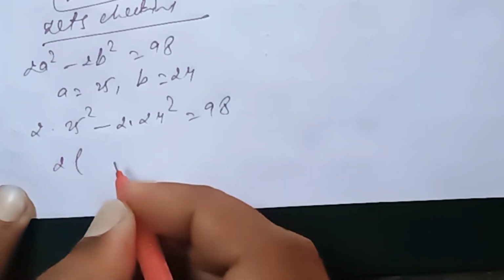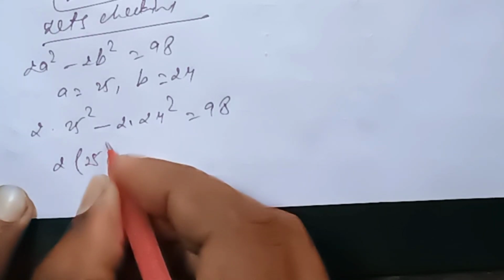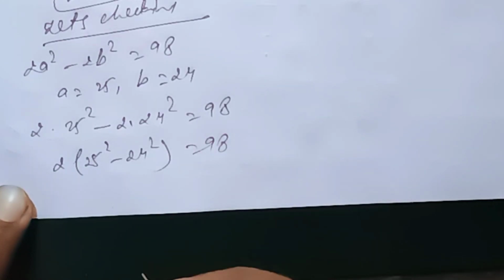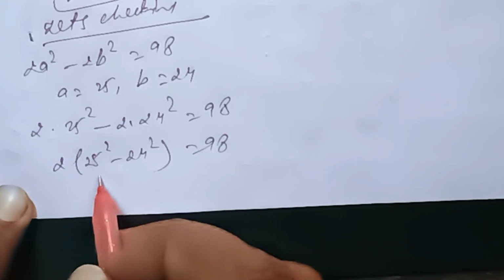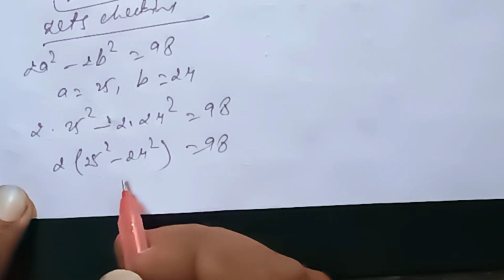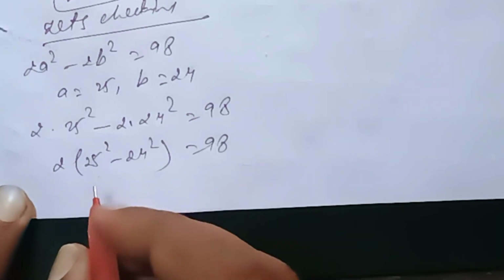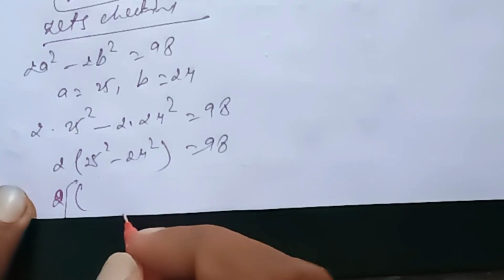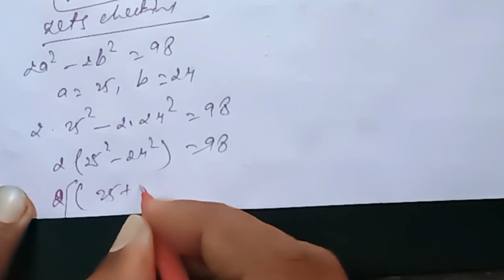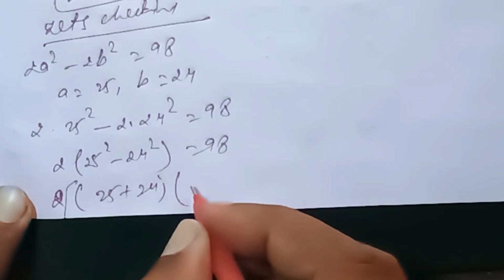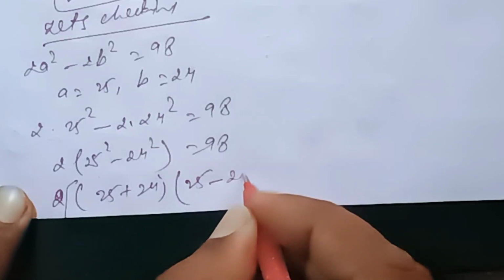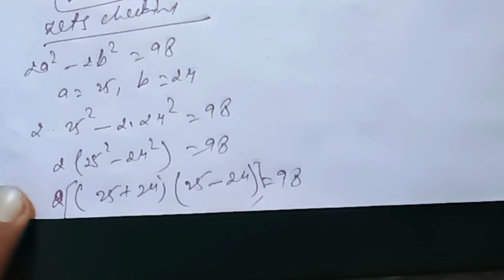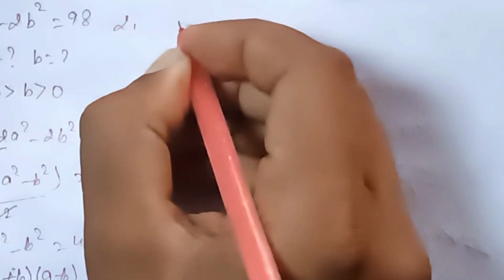Take common 2: 2 times bracket 25 square minus 24 square bracket close is equal to 98. Here use the a square minus b square formula.